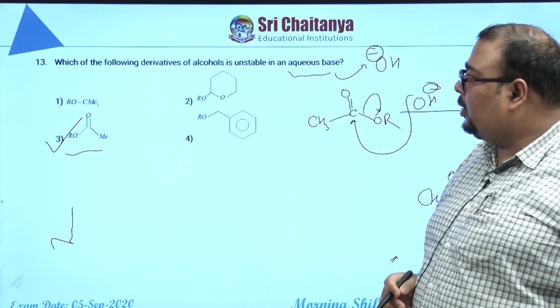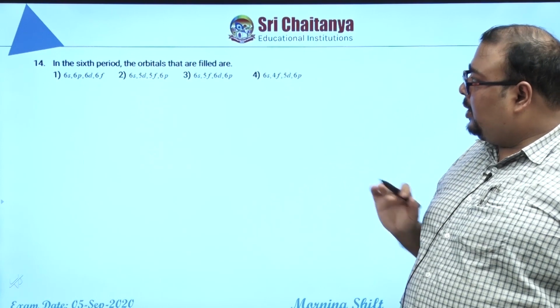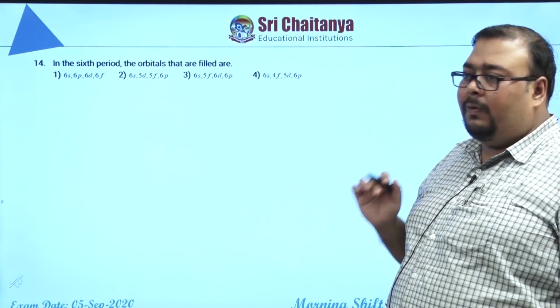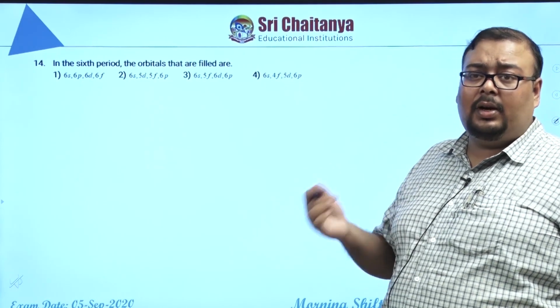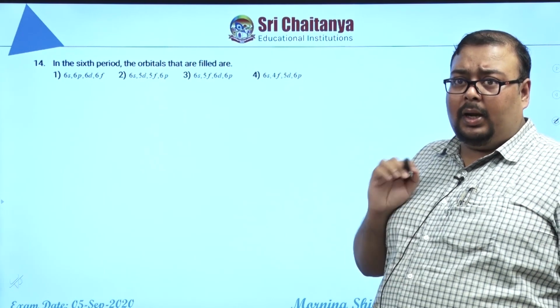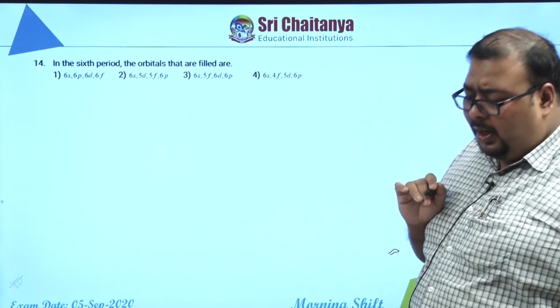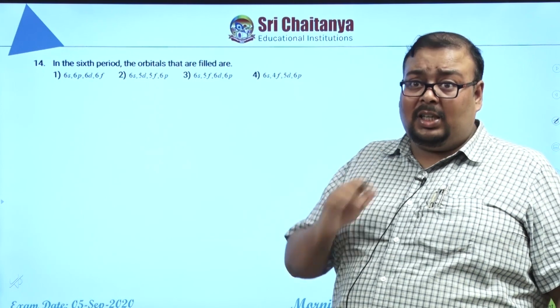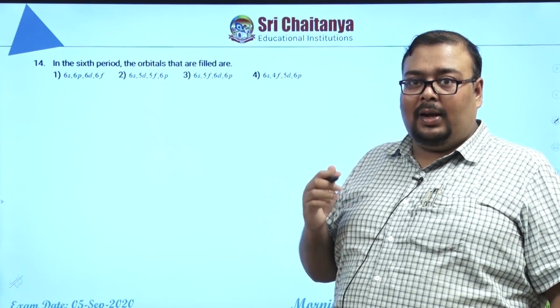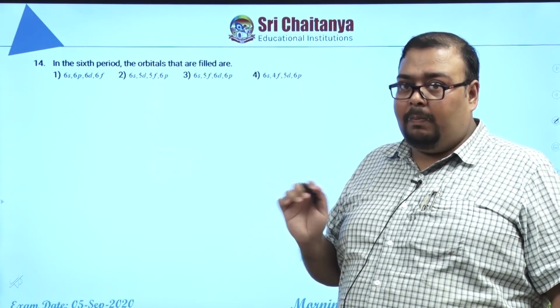Okay, next question is question number 14. In the 6th period, the orbitals that are filled are. Now this is a question related to the periodic table. Okay, now you see, in the periodic table the concept is that each period starts with s orbital and ends with p orbital.